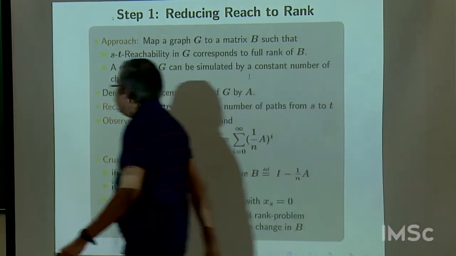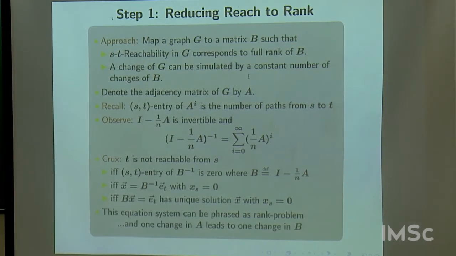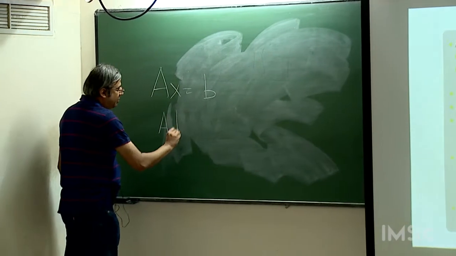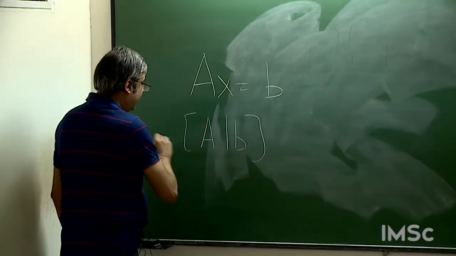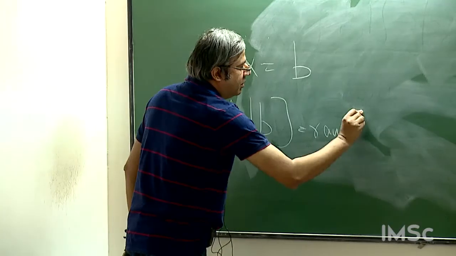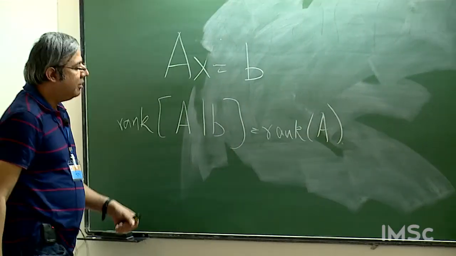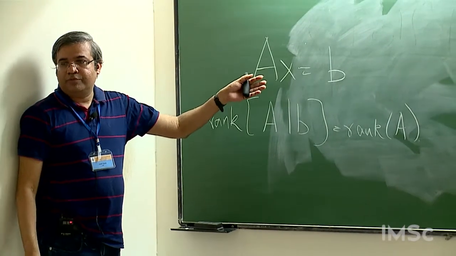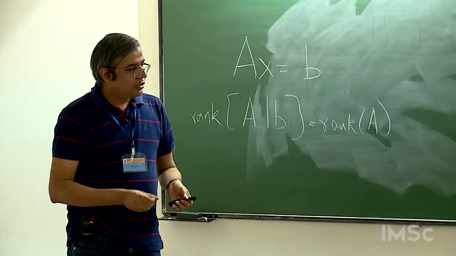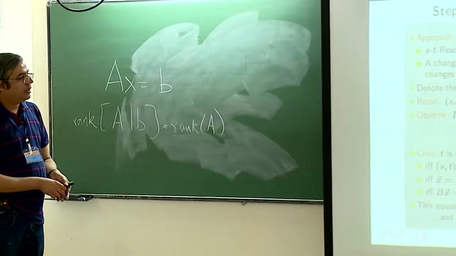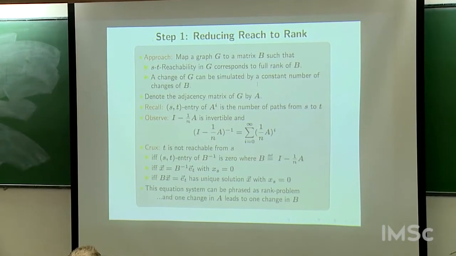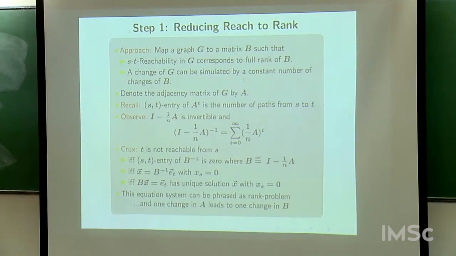A system of linear equations Ax equal to b is feasible if and only if A augmented with b has the same rank as A, that is, if b is in the linear space of the column vectors of A. So this is a rank question, and we know by what is coming next how to answer rank questions in DynTC0, in DynAC0.